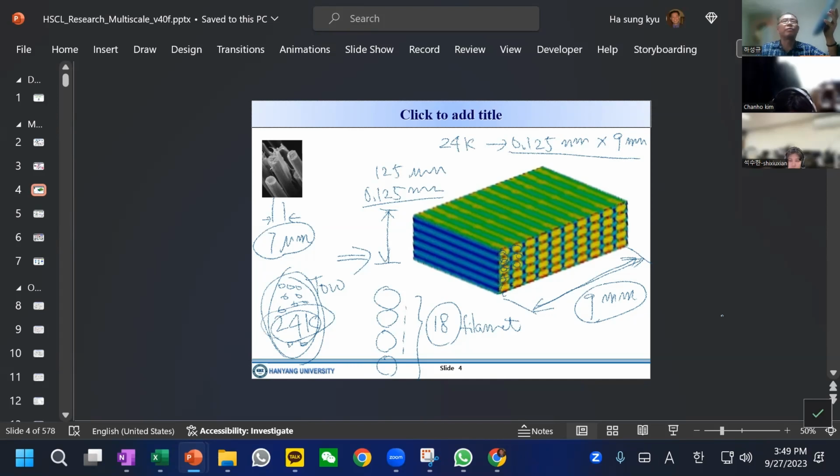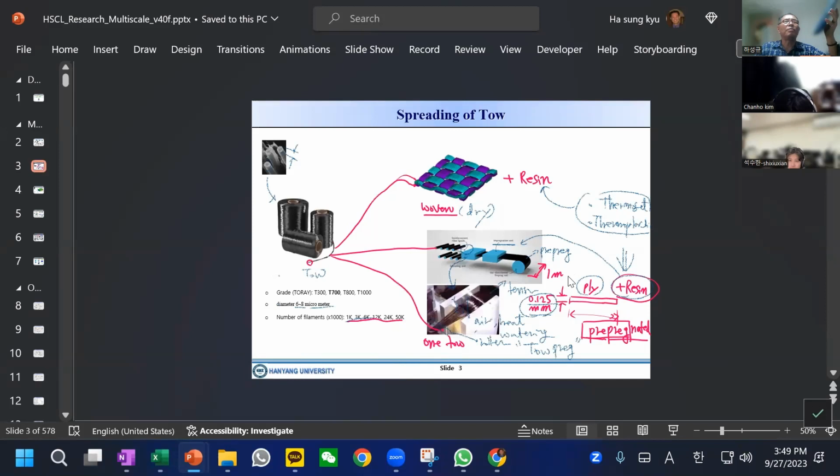And now to make a 1 meter long pre-preg, you can see how many toes we need.